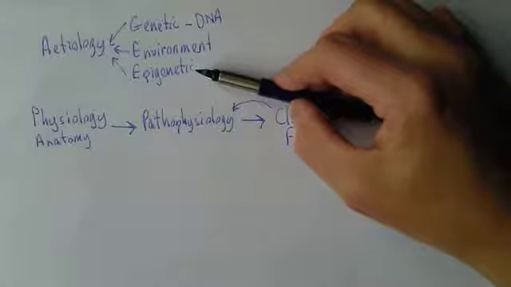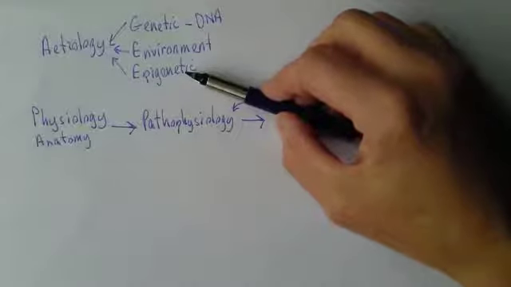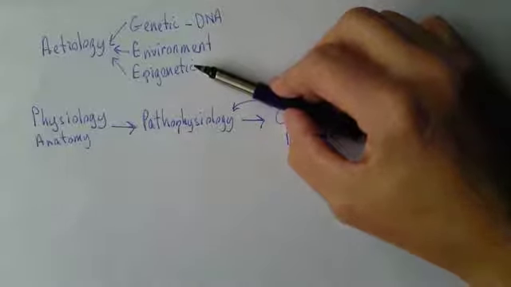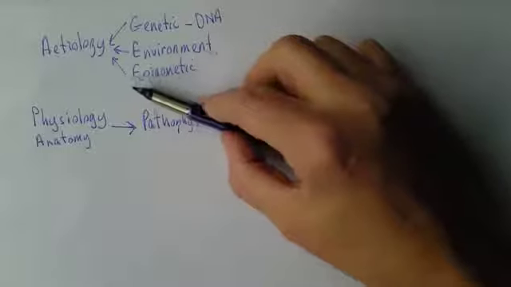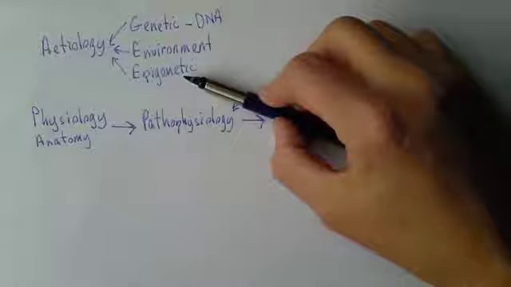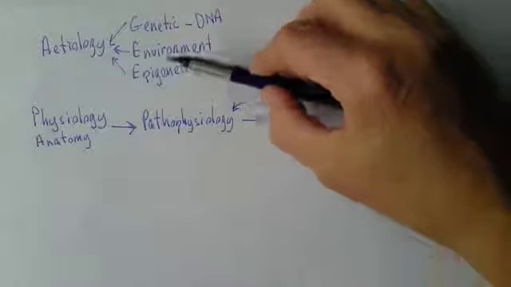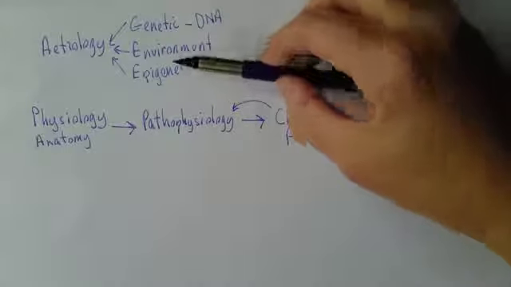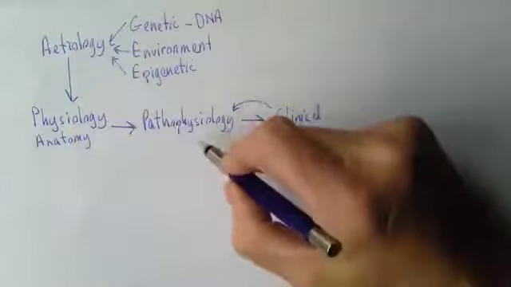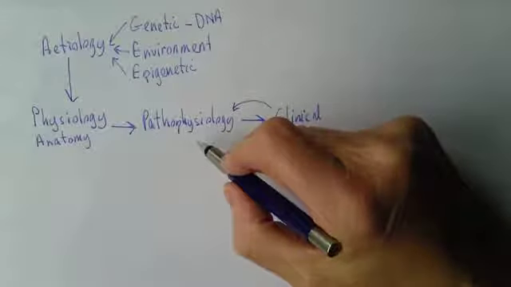And they actually change the transcriptional potential of the genotype. In other words, deciding which gene should be read and which one shouldn't, in effect. So, for example, if fetuses are malnourished, that can give rise to hypertension and metabolic syndrome in later life. So genetic, environmental, epigenetic factors are etiological, and they cause alterations to physiology to give rise to pathophysiological changes.